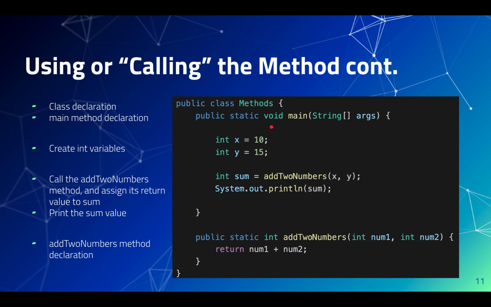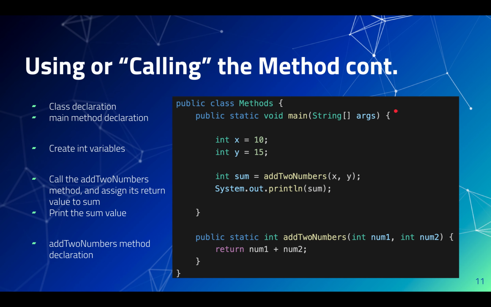And you might be wondering what this void is, because we didn't learn about a data type called void. Well, a method can also return nothing, and so void means nothing. So you've never had to return inside the main method, right? Because you don't need to, since you specified that it doesn't return anything.